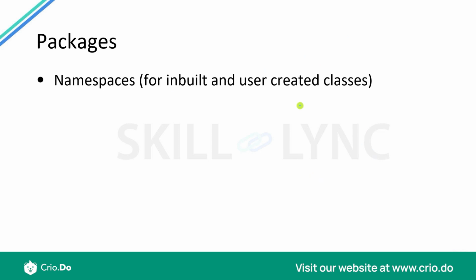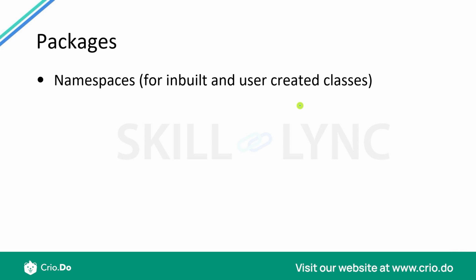So now in Java, there are two different types of classes. One is the inbuilt classes and another is the user created classes. So the classes which we create, so in the last session, you saw that I created a couple of classes. I created the order class, I created the categories class, I created the user class and the customer class and the administrator class and all of that. Those are the classes which I have created.